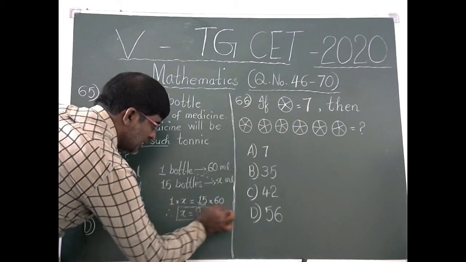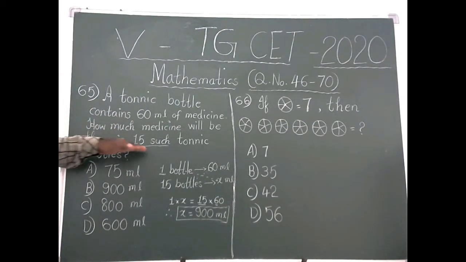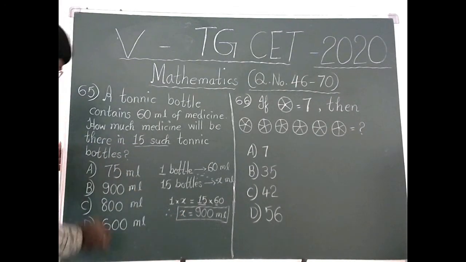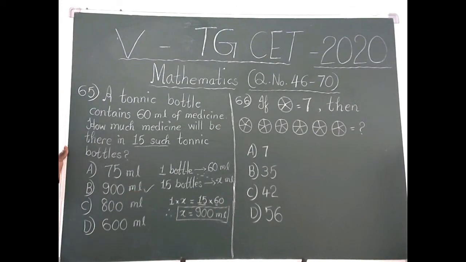Therefore x equals 900 ml. How much medicine in 15 such tonic bottles? 900 milliliters. So the correct answer is option B.